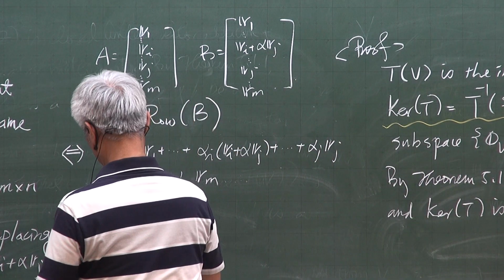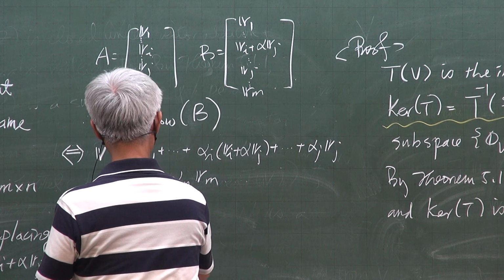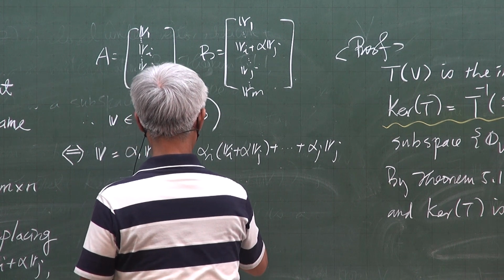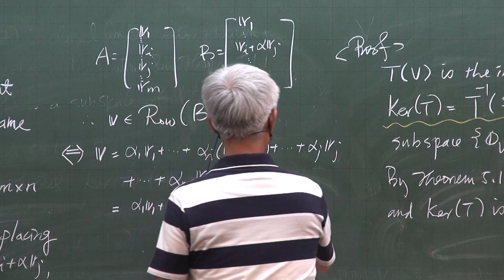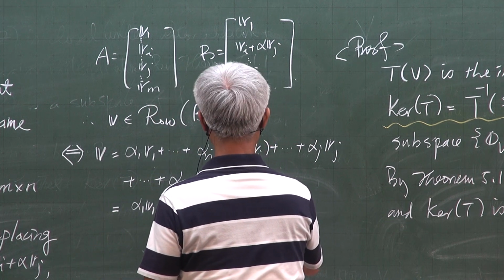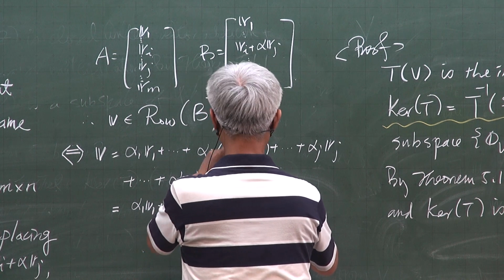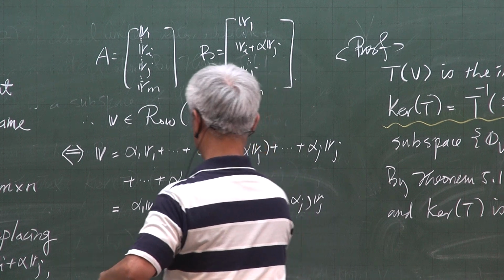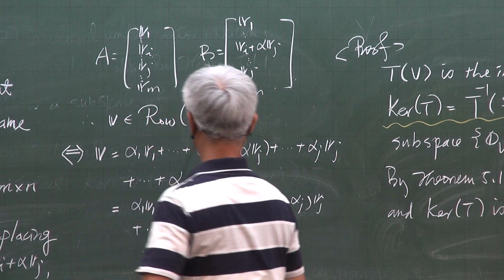And so we can regroup it as alpha 1 R1 plus ... plus alpha i Ri plus ... plus (alpha j plus alpha i alpha) Rj plus ... plus alpha m Rm.